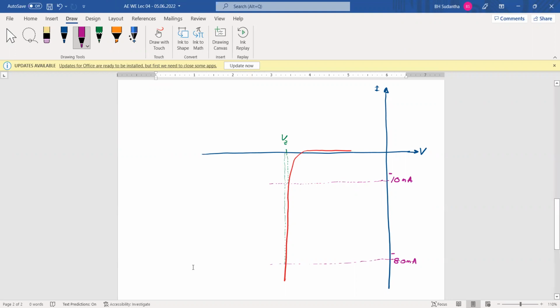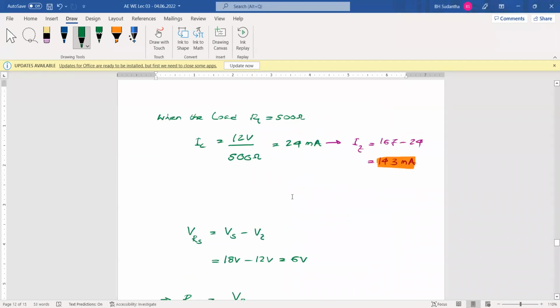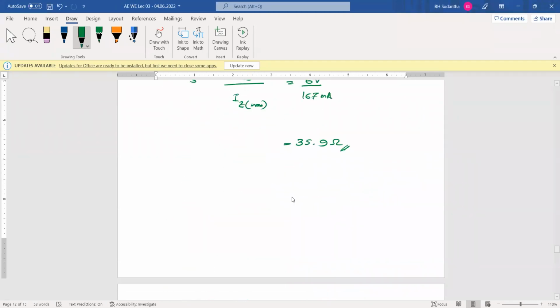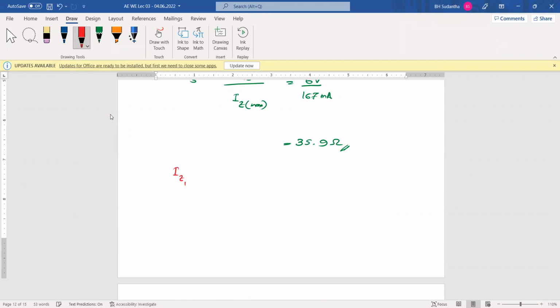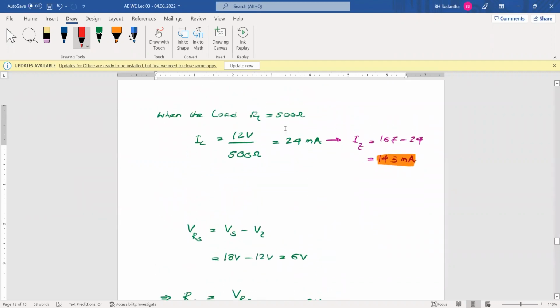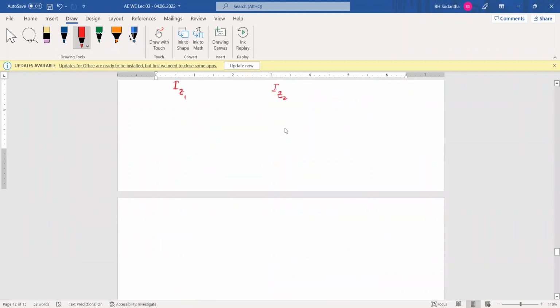In the previous one, I'll show it again. We have calculated the Zener currents when the load is varying. We calculated two Zener currents: 143 and 161.